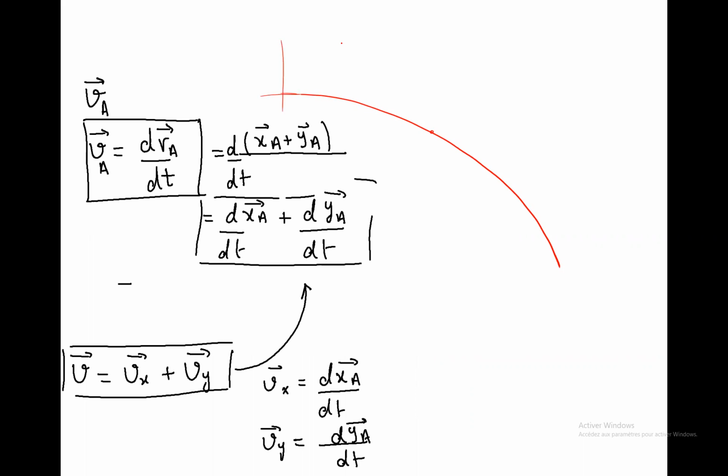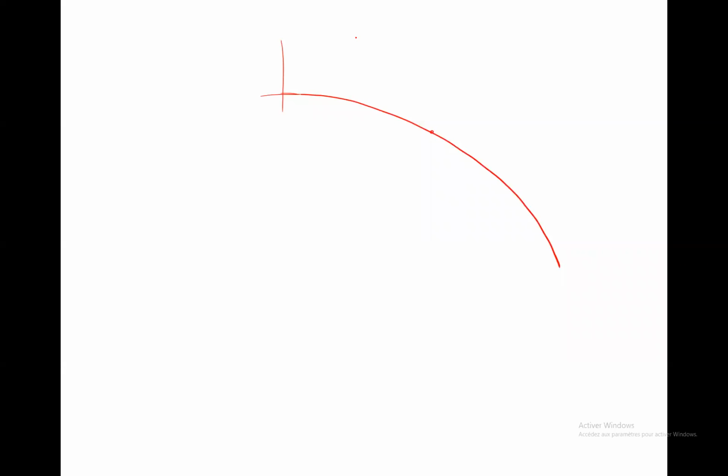For example, we have the x-axis, y-axis, and an object goes with this trajectory.